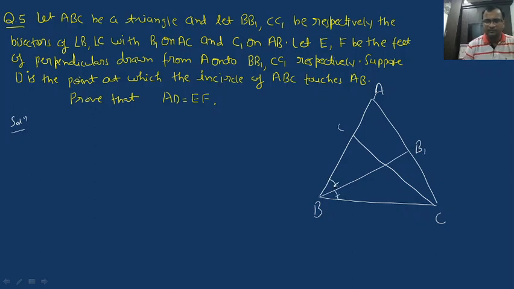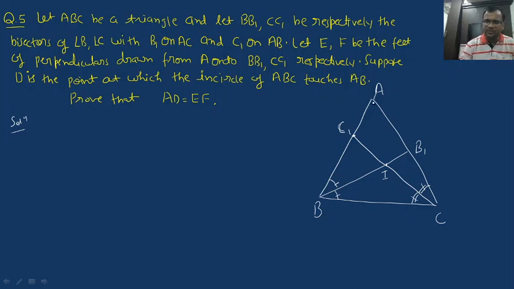These two angles are each B by 2, and this point is C1, and this is the angle bisector of angle C. These two angles are each C by 2. And clearly the point of intersection of these two bisectors is the incenter I, the incenter of the triangle. Now what we are given: E and F are the feet of the perpendiculars drawn from A onto BB1 and CC1.